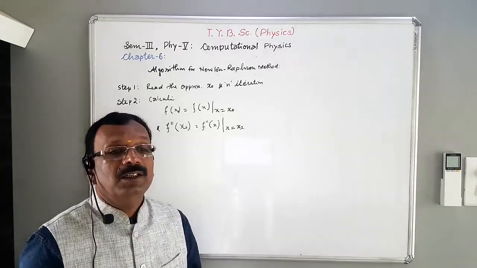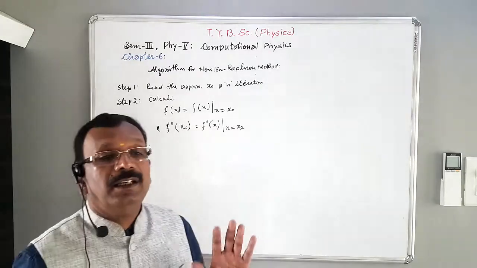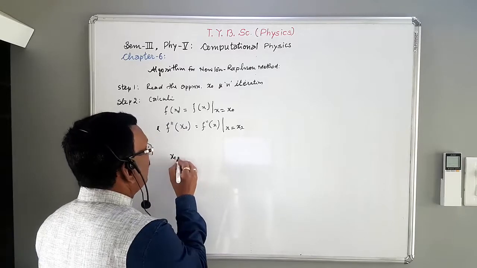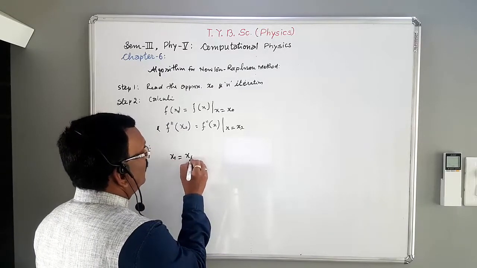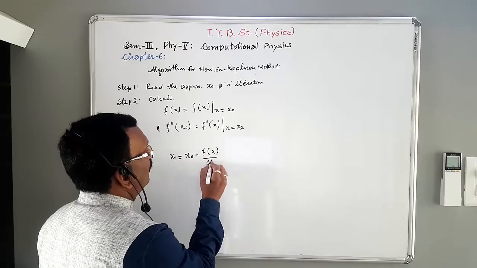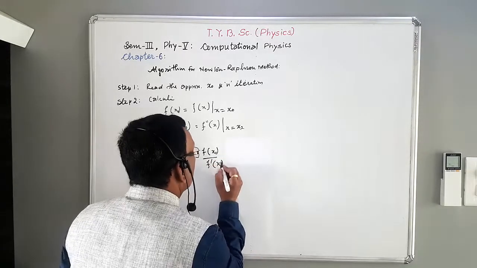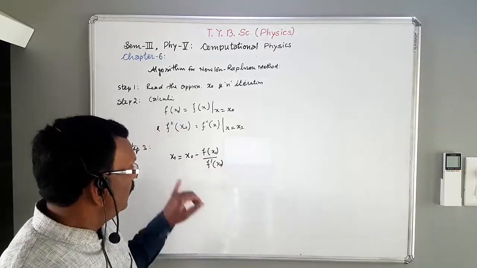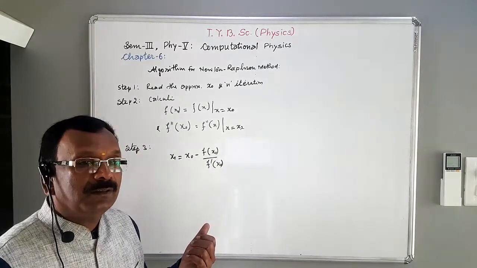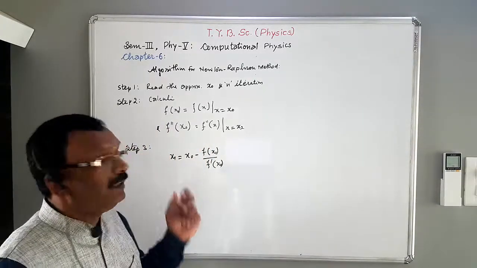In step 3, the next approximation can be obtained by using the Newton-Raphson formula, x1 is equal to x0 minus f of x0 upon f prime of x0. This is the Newton-Raphson formula for the first approximation.